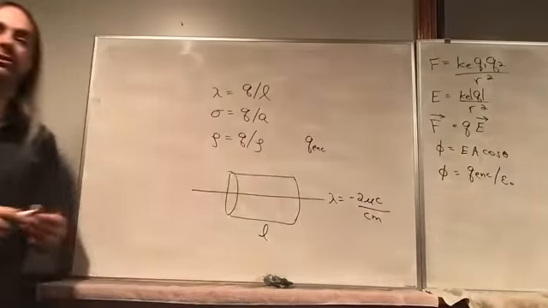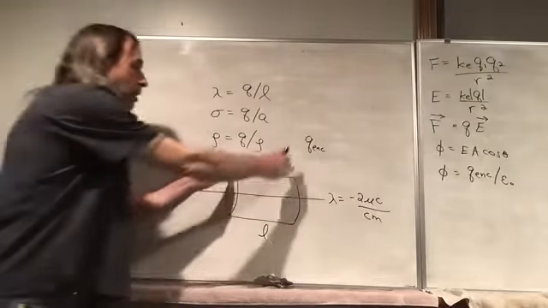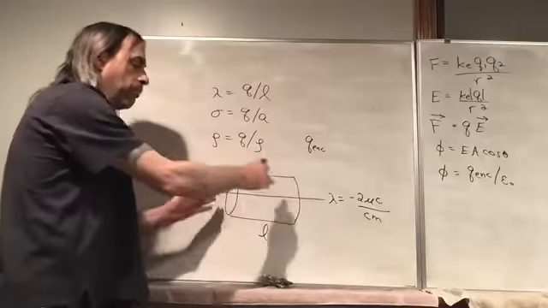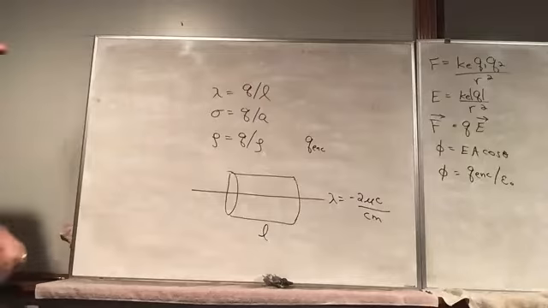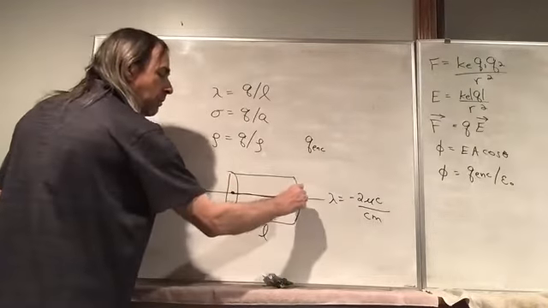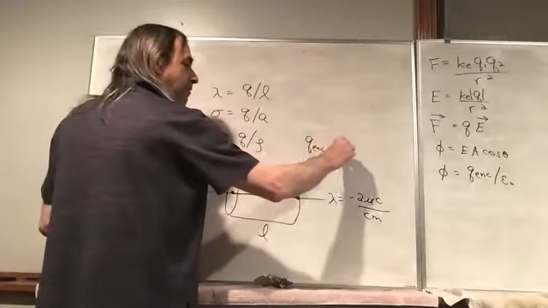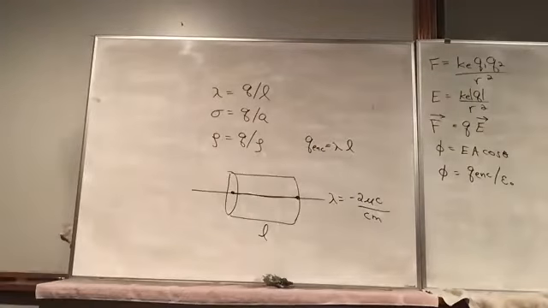For Gauss's law, it has to be a completely closed surface, so the cylinder's edges are part of the surface as well. The charge enclosed would just be from here to here, so that would just be lambda times L.